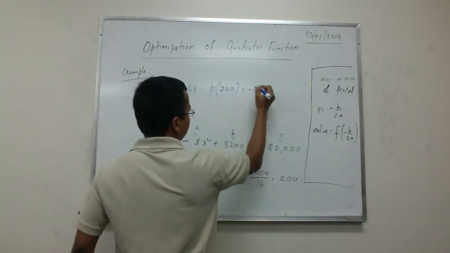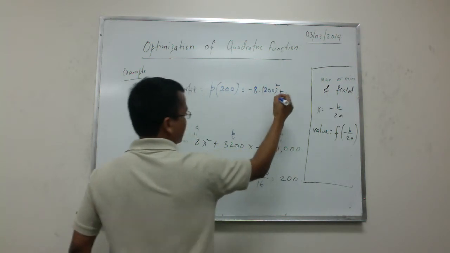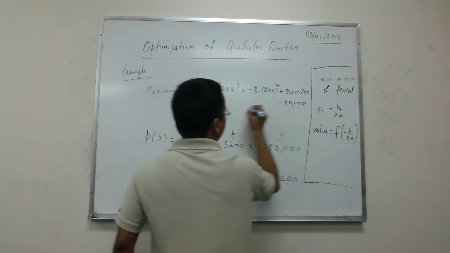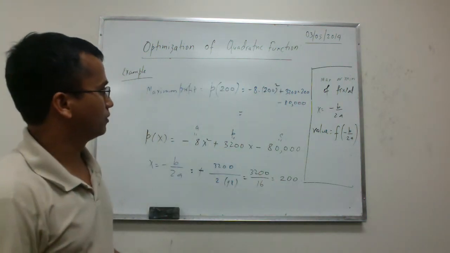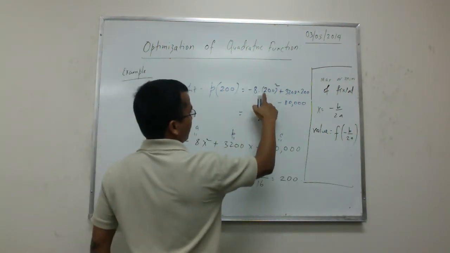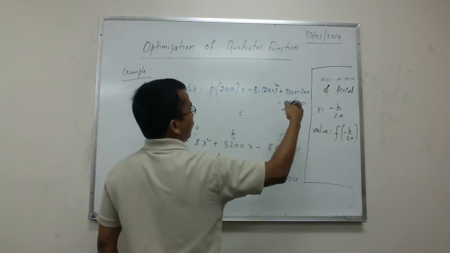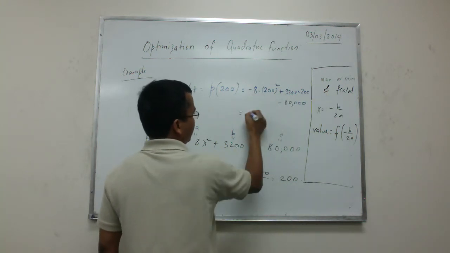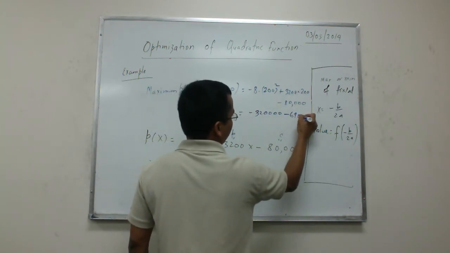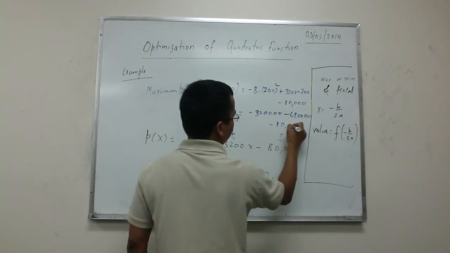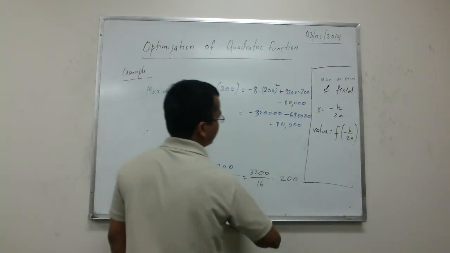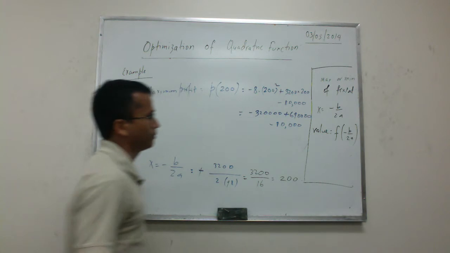So it would be negative 8 times 200 squared plus 3200 times 200 minus 80,000. Just try to find the value of this. It's a simple calculation. 200 times 200 would be 40,000, and that times 8 is 320,000. Then 3200 times 200 is 640,000, and minus 80,000. Make sure that it's positive, because here you have a plus sign.